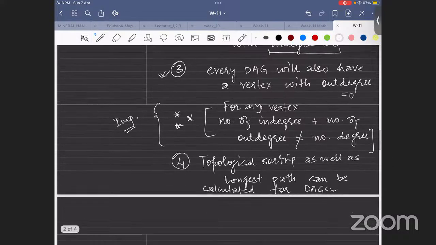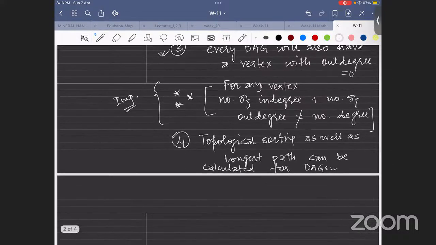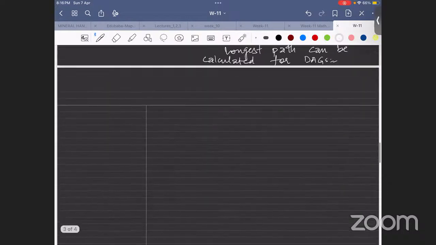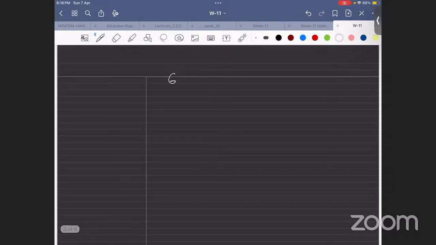If you have been given a simple graph, you can directly say that. For example, I'm giving you two graphs, G1 and G2. You have to tell me which of the following is a DAG.